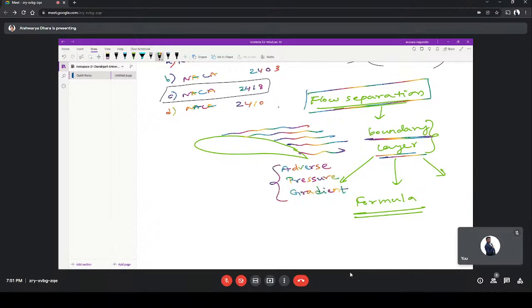That means the change in pressure with respect to distance has to be very high. It will have a positive value, right? And if the flow moves around there, it leads to creating a reverse flow.